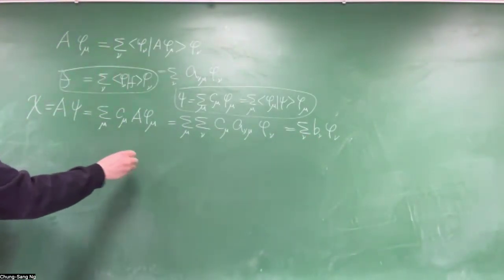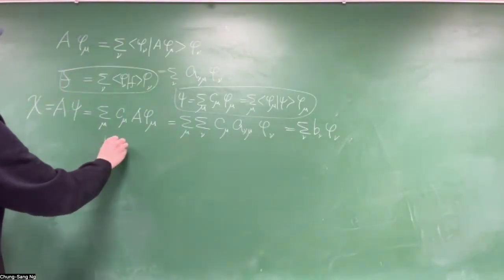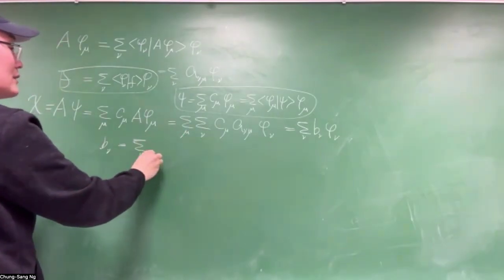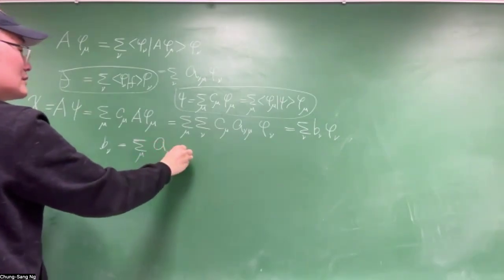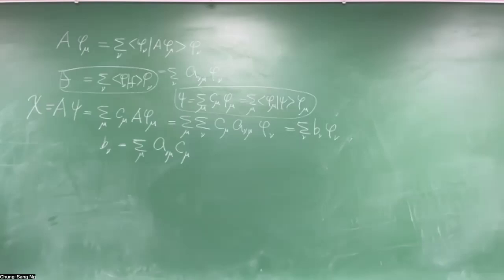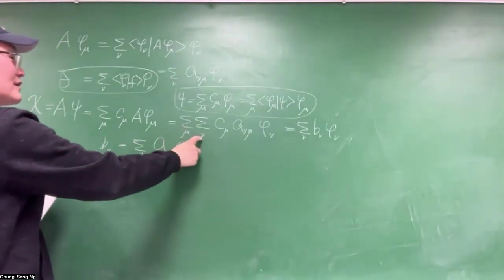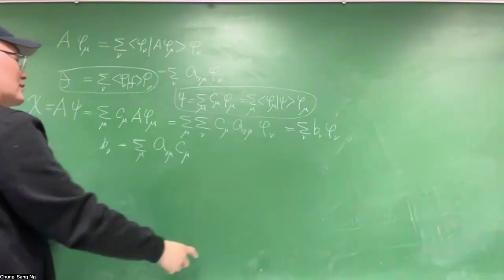So obviously, by comparison, b sub nu will be equal to the sum over mu of A nu mu C mu, right? You can see that. So you just rearrange the order of this summation and put C on the right.